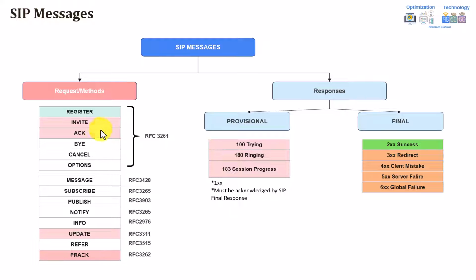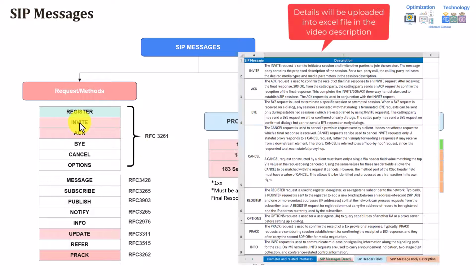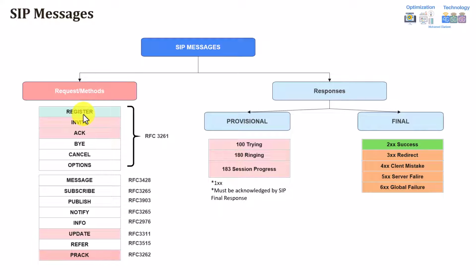So now let's go quickly through the main messages, which will be explained more in today's session. Let's go through the first one, which is the REGISTER. We already explained this part in detail in the previous session for the end-to-end call flow.